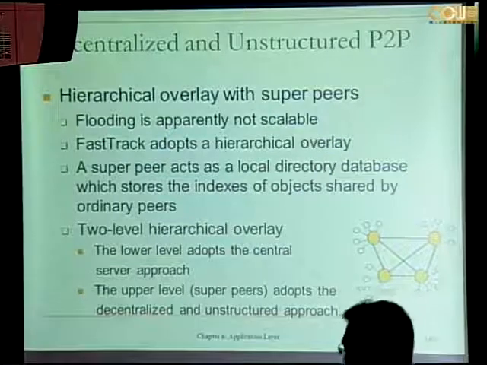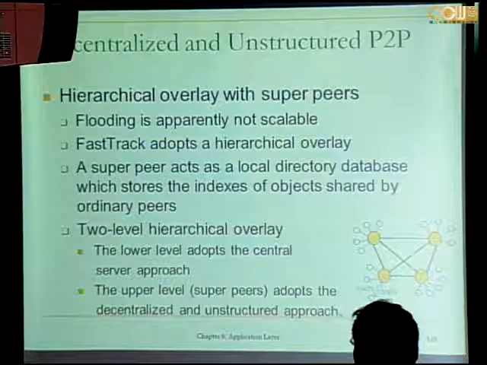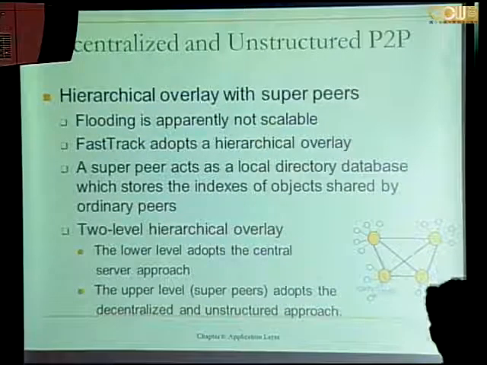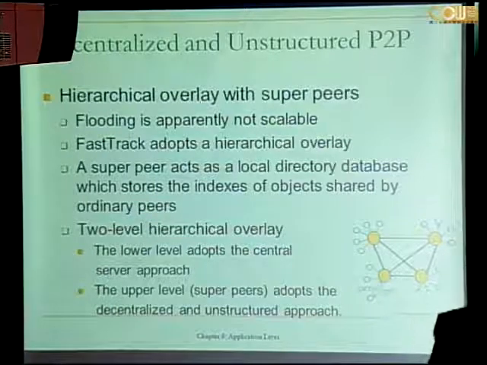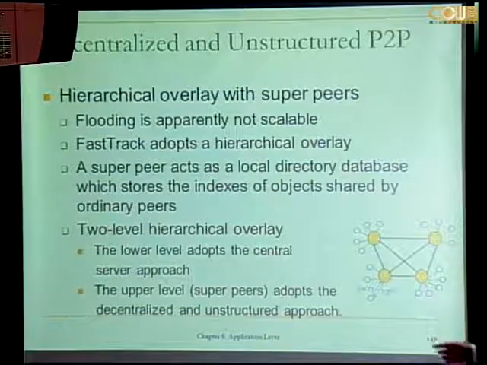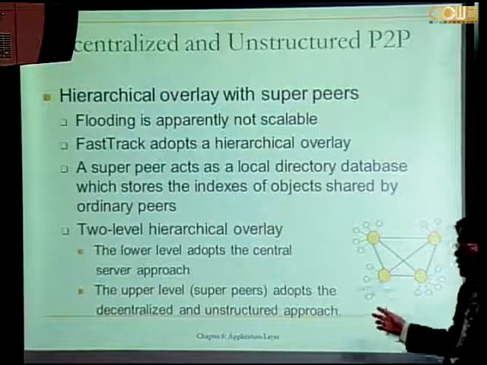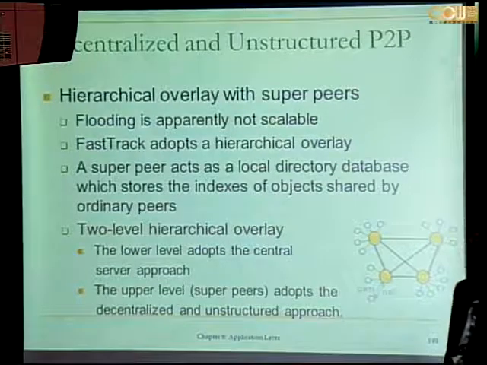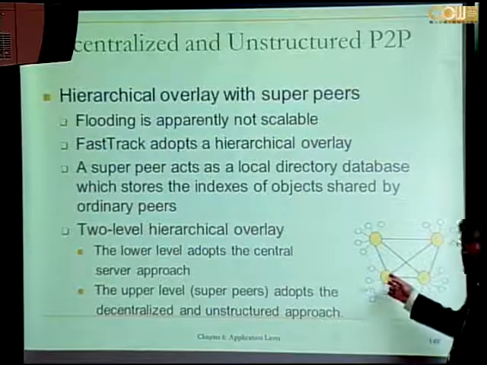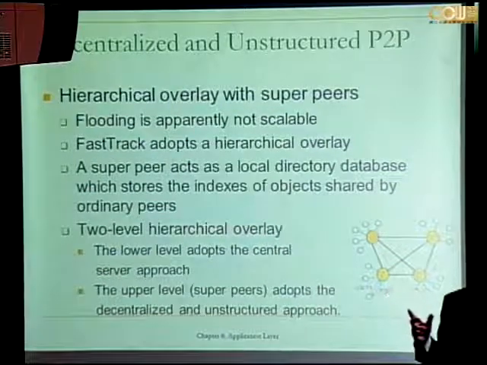We could achieve limited scope flooding, with super peers knowing each other. Then if we have this hierarchical structure, and I'm a peer here who needs to find some content, first of all I ask the super peer I know in this region.